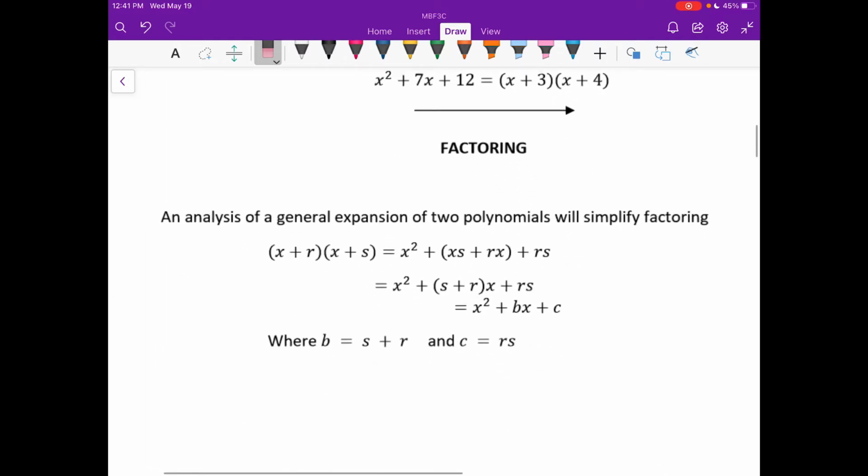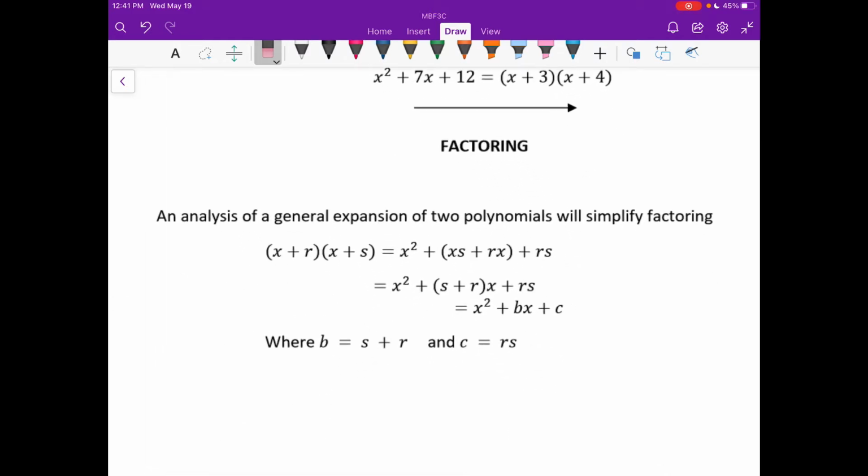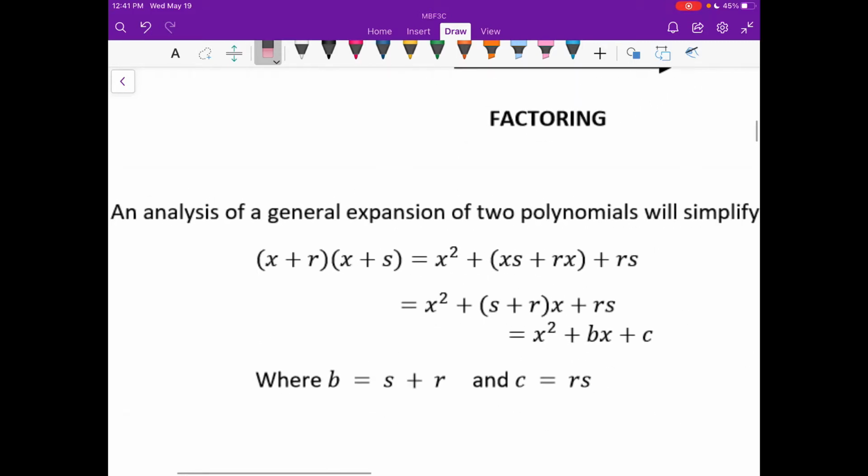So let's go through a general analysis of expansion, right? When we take 2 polynomials, what we're basically doing is we're taking r and s, which are the 2 numbers in our binomial, and they actually become the 2 like terms that we collect at the end.